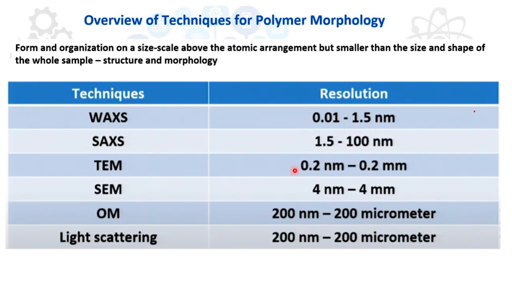In case of TEM, you can go up to a fraction of a nanometer or angstrom level. Through scanning electron microscope, from 4 millimeter to 4 nanometer is possible, and with an optical microscope I cannot resolve below 200 nanometer because of the limitation of the wavelength of visible light.